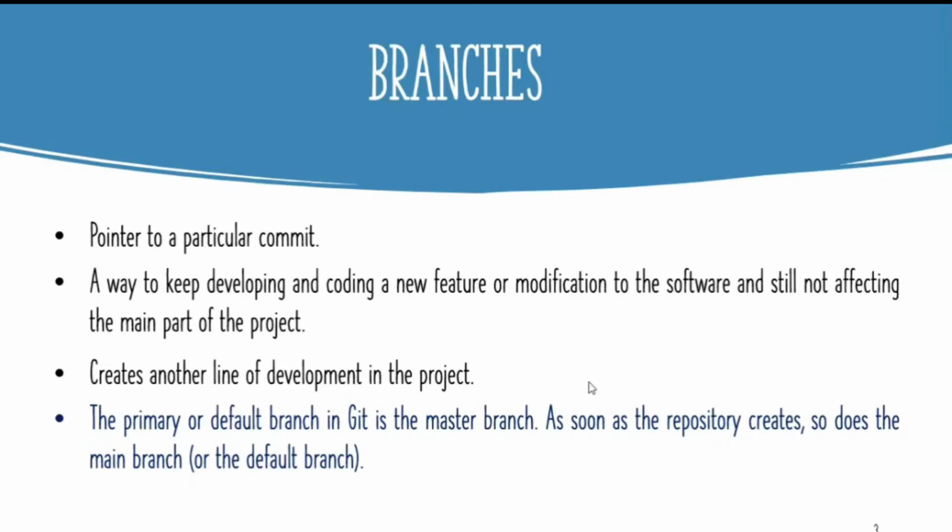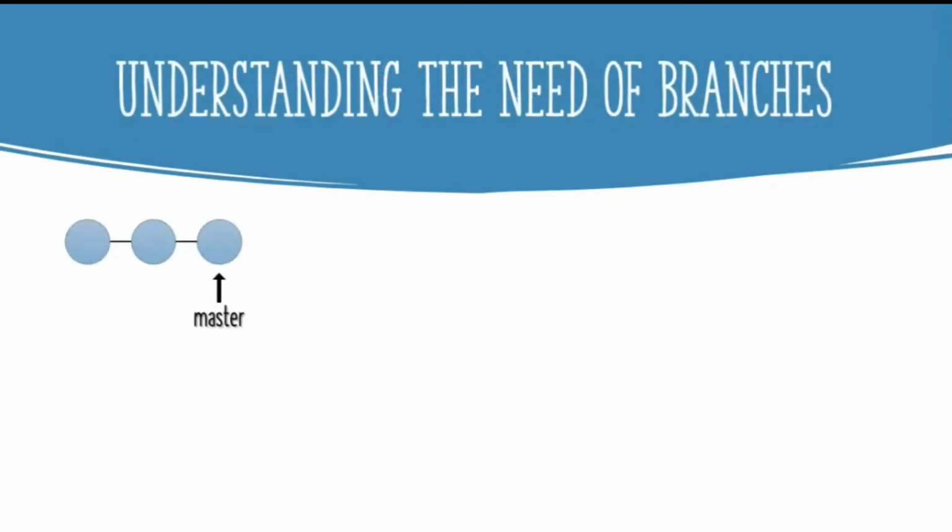And now let's understand the need for branches so that things will get more clear to you. Suppose you are making a project and this is the progress that you have made in that project. Now your master branch is pointing at the latest commit that you have made. Now you are making this project for a particular company, and you got some new ideas that should be added in this project. So you make two new commits for that idea to be there in your project, and then you send this project to the company in order for them to approve it.